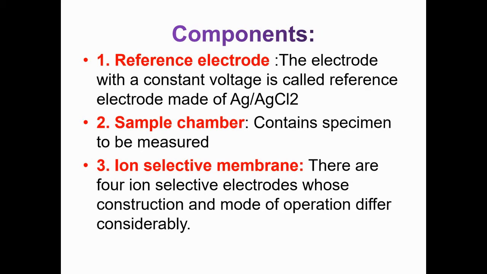For example, potassium will have a separate electrode, and sodium will have a separate electrode. Each and every ion will have a separate electrode.